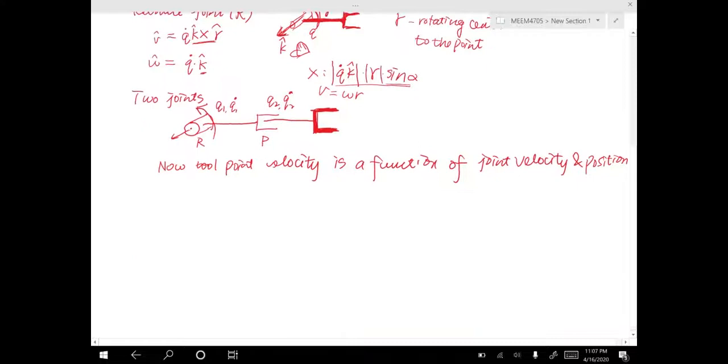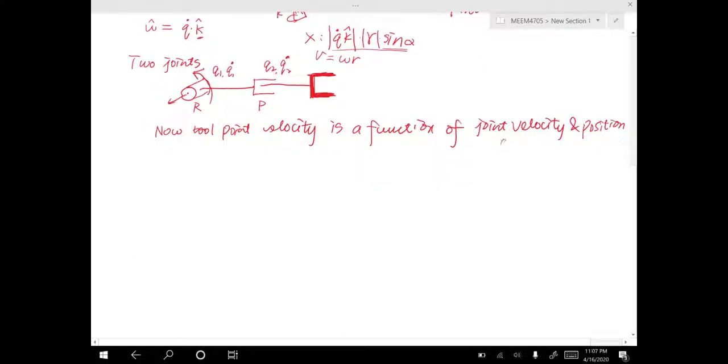So what does it mean? It means joint velocity, that is q1 dot, q2 dot, and position means q1 and q2, which are the joint variables.